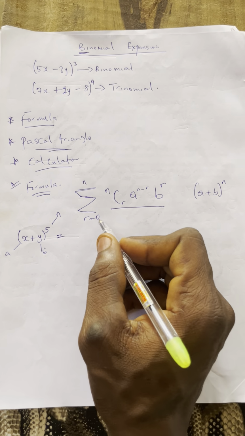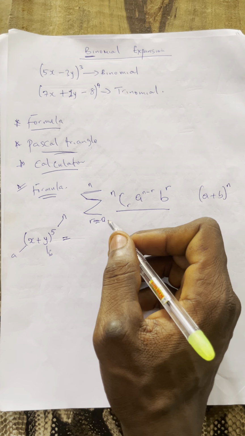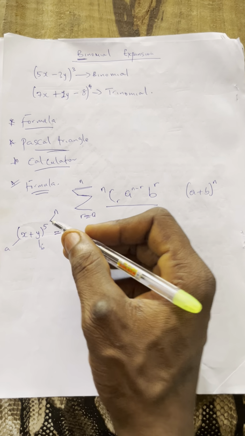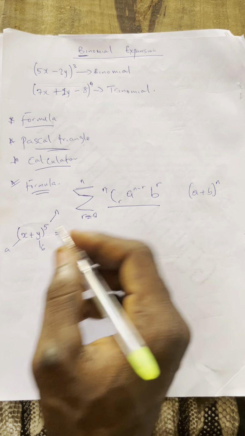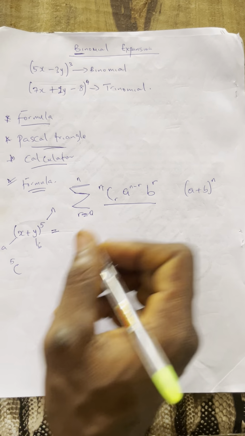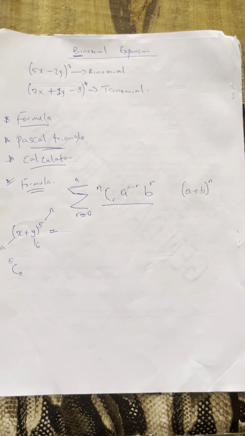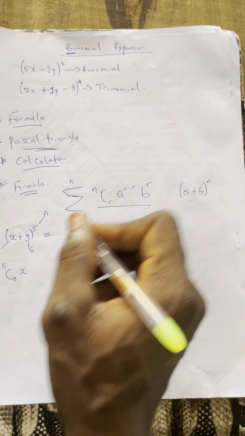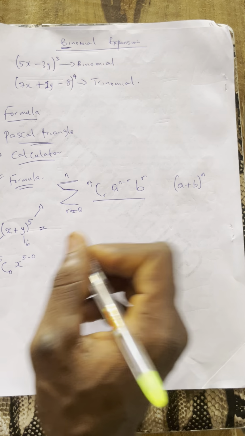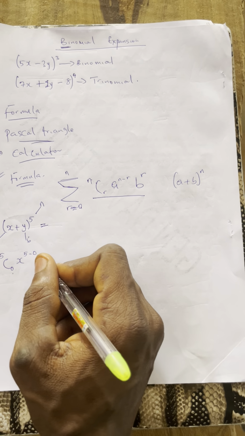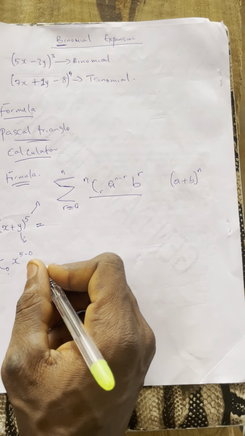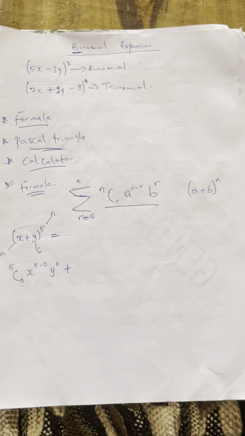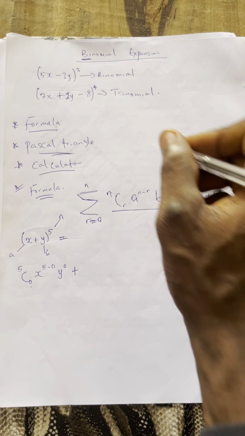You will not be starting from 0 for the power. The only thing you'll be doing is increasing your r from 0 to the last power. The first one is n, which is 5, so we have 5, combination r. Don't forget that you start from 0.